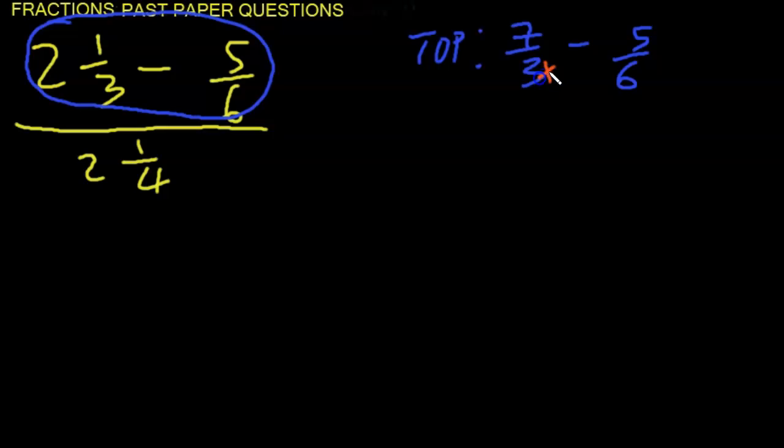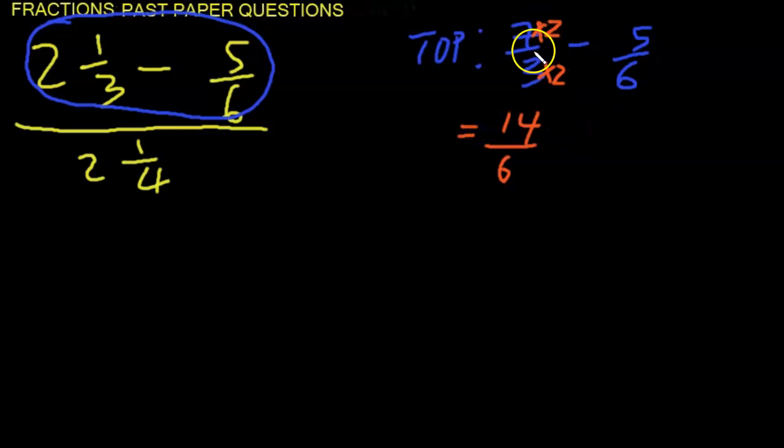But remember, whatever is done to the denominator, the same must be done to the numerator for the fraction to be equivalent. So 2 times 7, that's 14, and 2 times 3, that's 6.